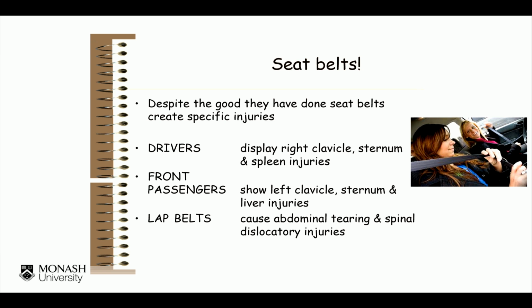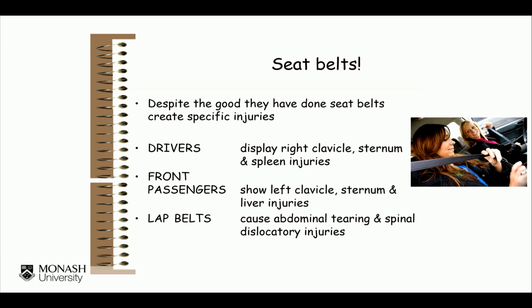So regarding seatbelts, the seatbelt really does a great service to protecting the body. But if we look at these 2 occupants of the car, here we have the driver, and you can see that the seat belt is going from right to left.